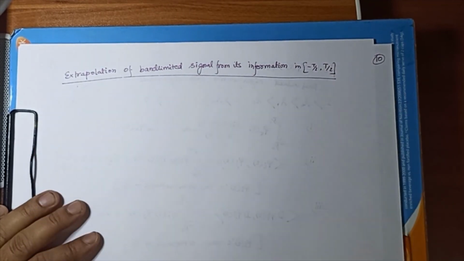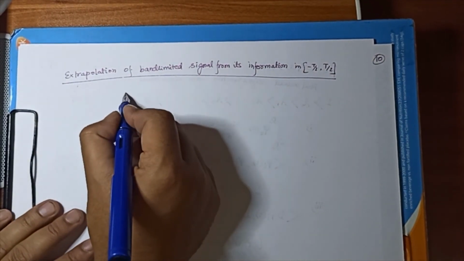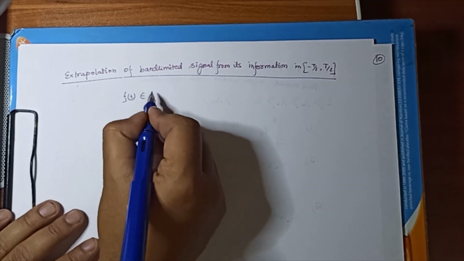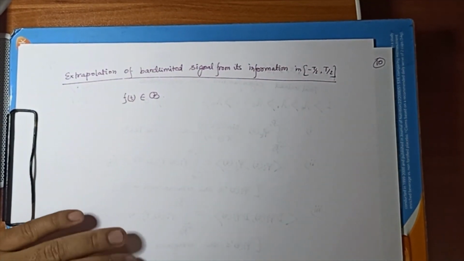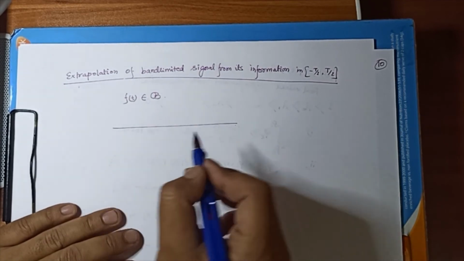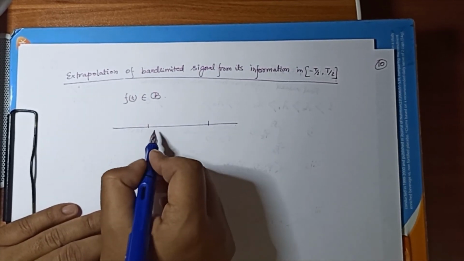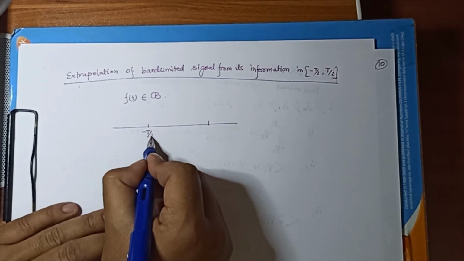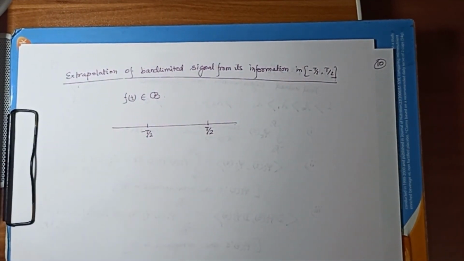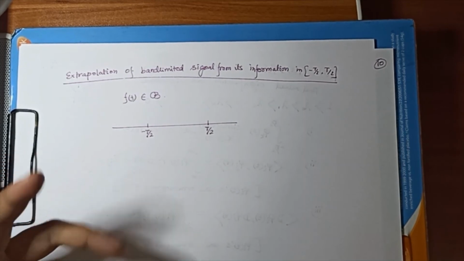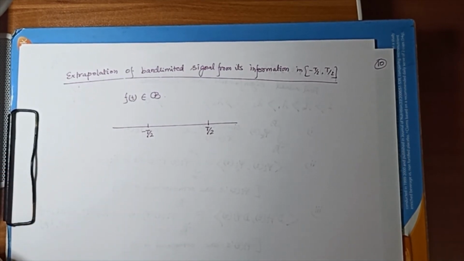So normally speaking, suppose this function f(t) is in B. Normally speaking, this is an entire function. If it is an entire function, we know from complex analysis that if it is given in any interval, I can extrapolate into the entire complex plane, not only the real line but the entire complex plane, by the Laurent series, Taylor series kind of stuff.